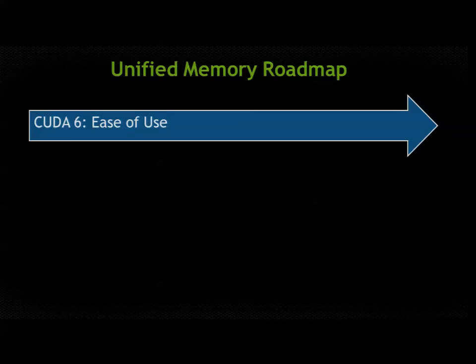Just when Kepler was designed, that was not one of the requirements. So we have to jump through some hoops to mimic the behavior of migrating pages. That's also why we cannot just use the standard system malloc and then totally under the hood move data back and forth, but we have to have this CUDA malloc managed call at the moment.